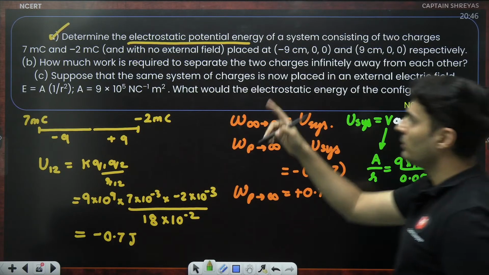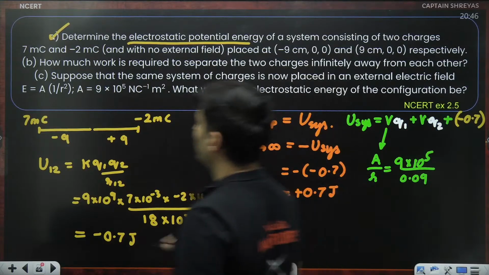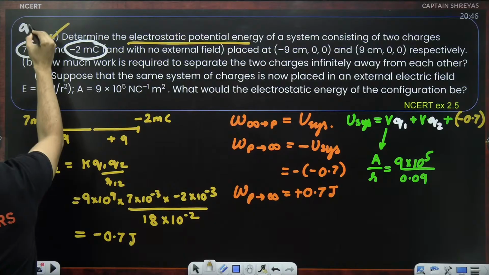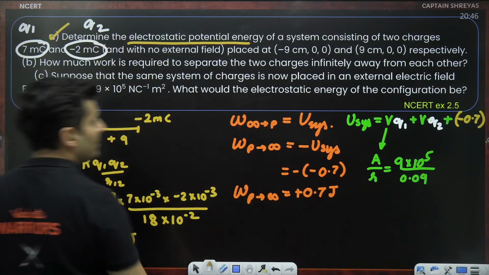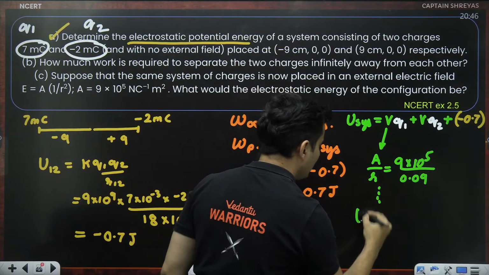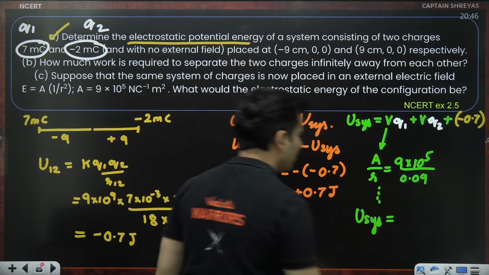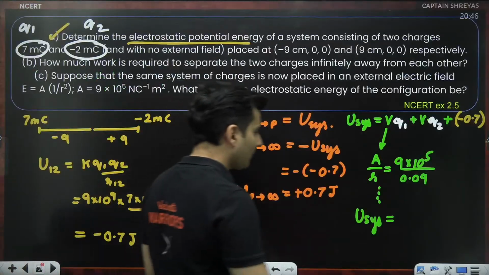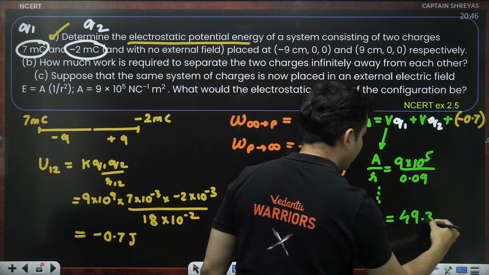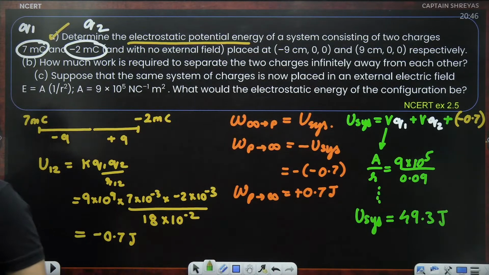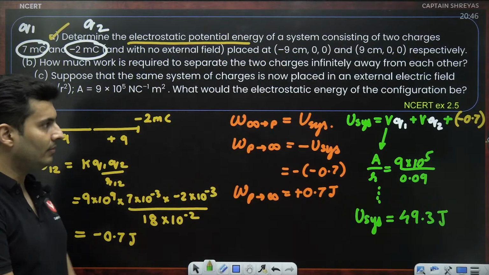Substitute it, solve it, and you will get the total potential energy of the system, which comes out to be 49.3 joules. Is that okay? Understood now how this is done?